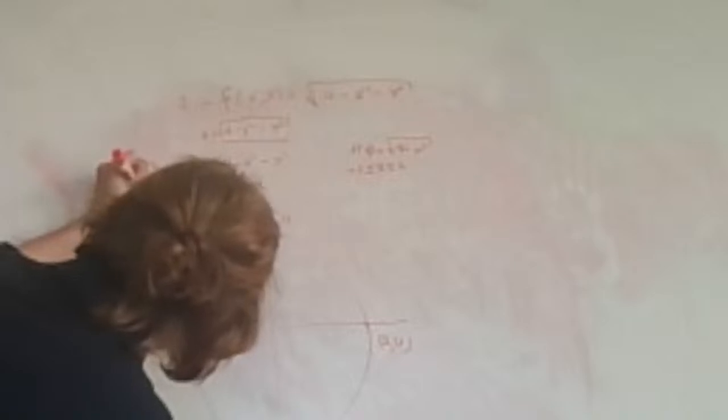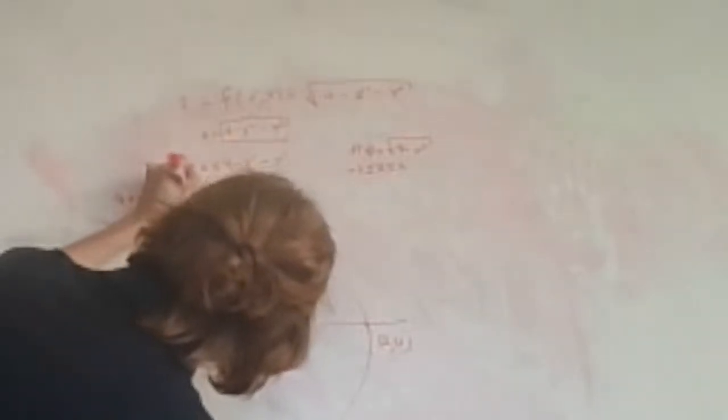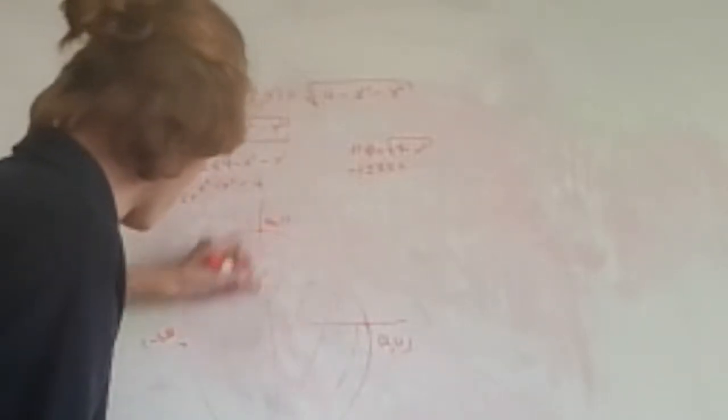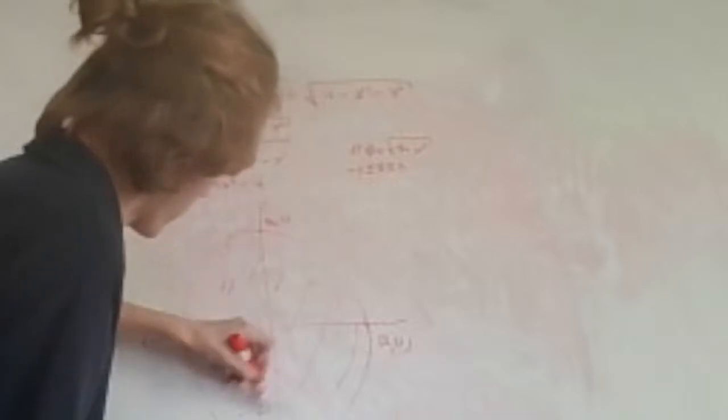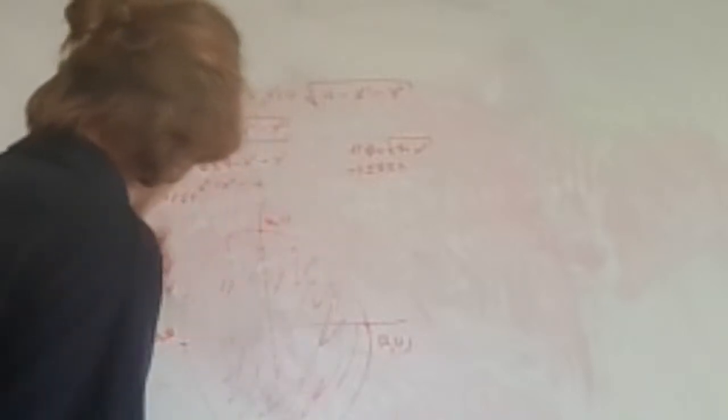So if we said 0, 0, this is going to be 0 squared plus 0 squared is less than 4. That's true. So that means everything inside is part of the domain.